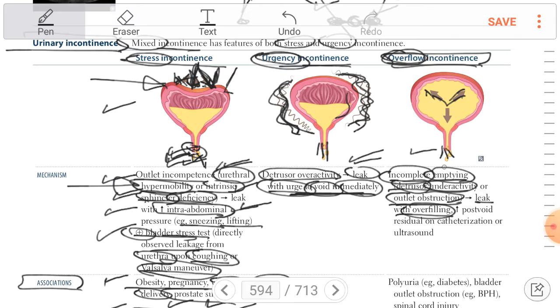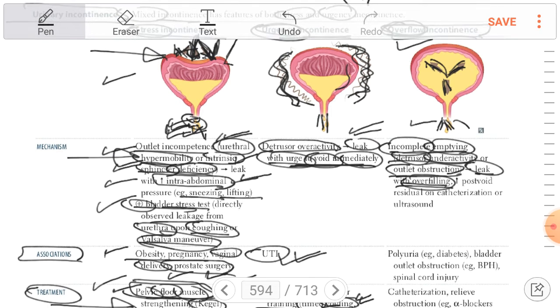It will begin with incomplete voiding, leading to accumulation of urine inside the urinary bladder. This is called overfilling of the urinary bladder, or overflow, leading to sudden loss of urine, dribbling of urine. So there is leakage with overfilling of the urinary bladder.